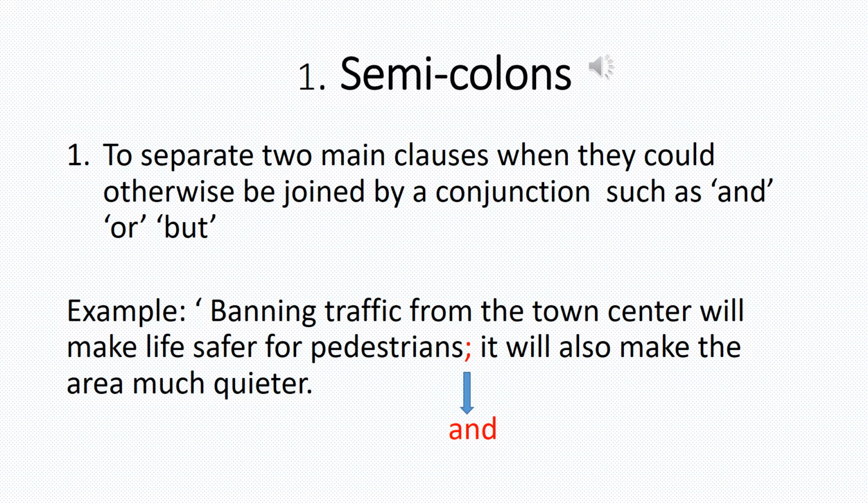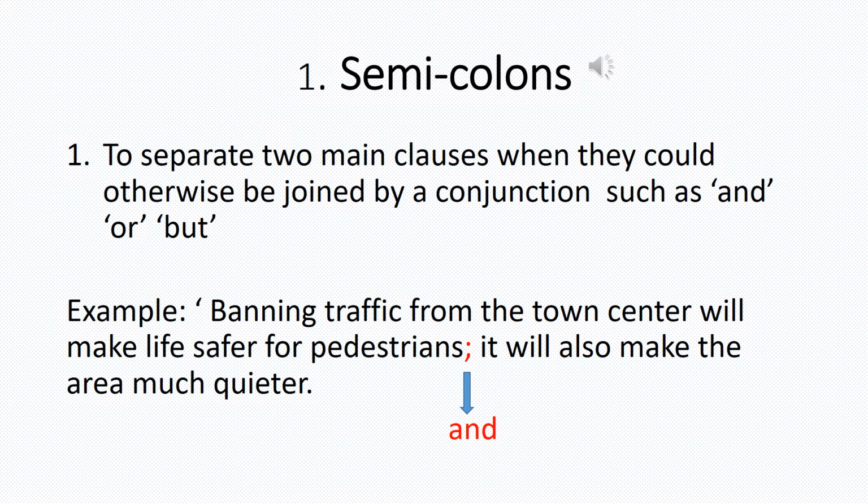And one more point to keep in mind while you're using it. When you use a semicolon instead of and, the first clause and the second clause are now of equal rank. Means the ideas conveyed by the first and the second sentences are the same.